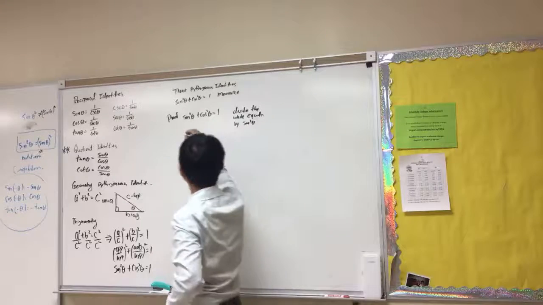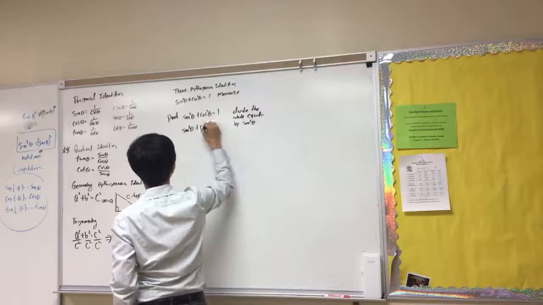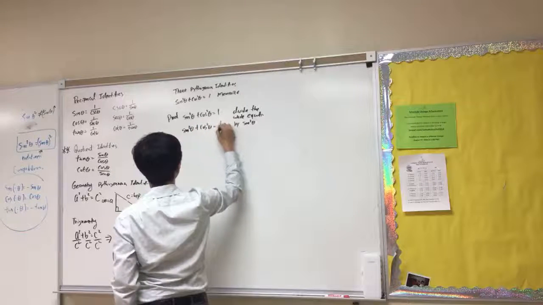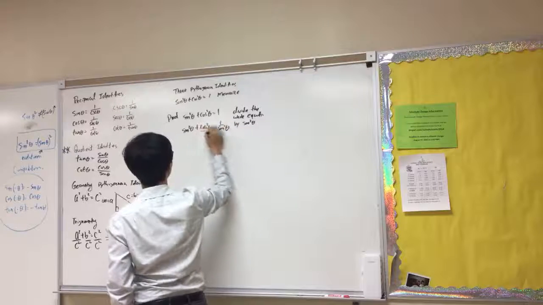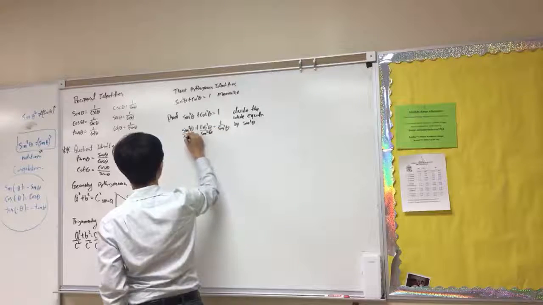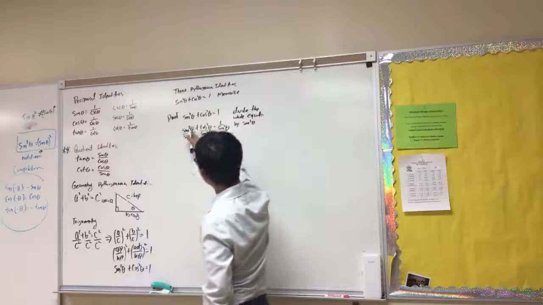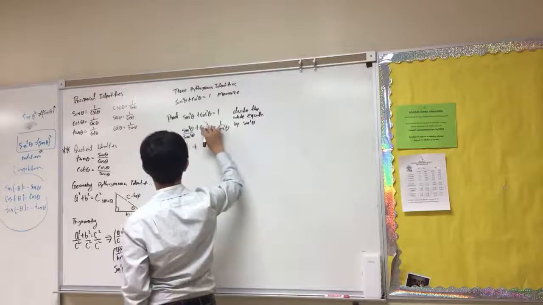If I do that, and with whatever we know before, that's going to be sine over sine is what? 1 plus cosine over sine?